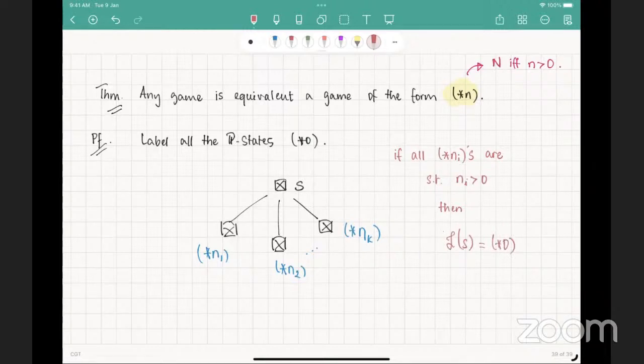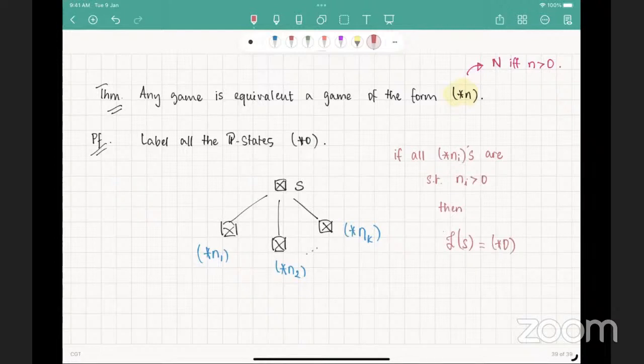And so you are a P state. So in fact, this is labeling that we would have in principle already done. But on the other hand, if all the NIs are not strictly bigger than 0, so you do have a 0 child, right? So you have a P child. So now you are an N state.